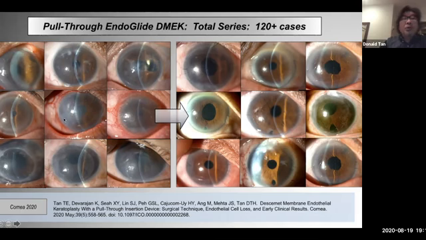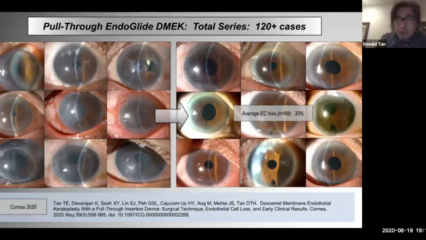Mostly all you will see are pseudophakic bullous keratopathies. Overall, in our original paper, which we had about 70 cases, the cell loss is still considerable. It's still about 33%. And that's about the standard average for DMEK. But it does include a fair amount, about 30, 40% of cases were these more complex cases.